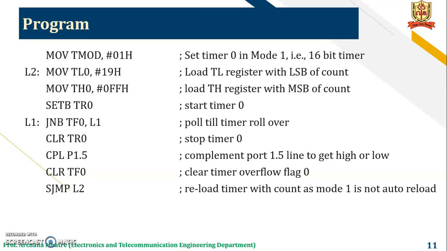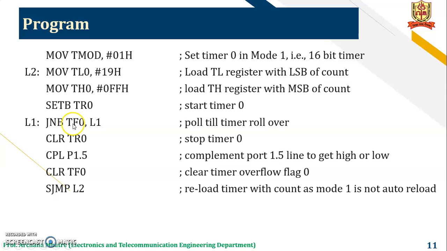So this is the program. First move 01 into the TMOD register, which indicates that we are using timer 0 in mode 1. Then LSB count to TL0, MSB count to TH0. Start the timer and check the status of the timer. Until it overflows, jump to the same instruction.